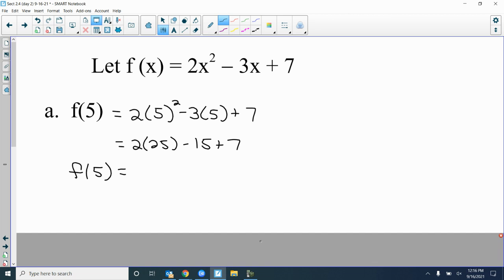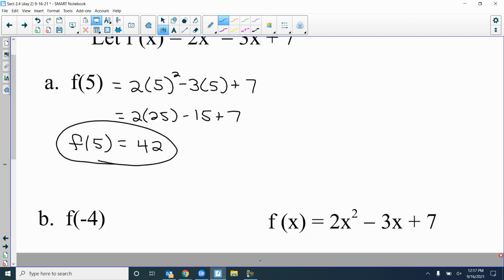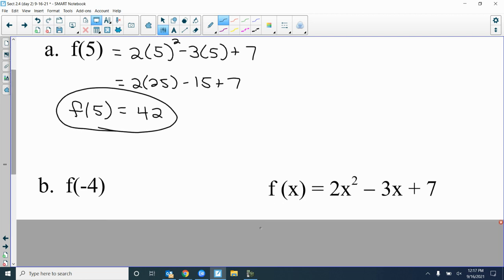So 2 times 25 is 50, minus 15 should be 35, plus 7, I believe, is 42 there. So end up with 42. All right, you plug in -4. See what you get.